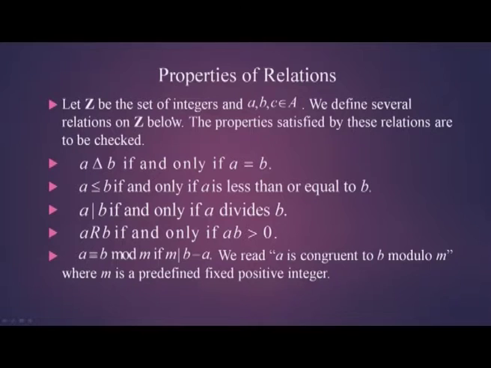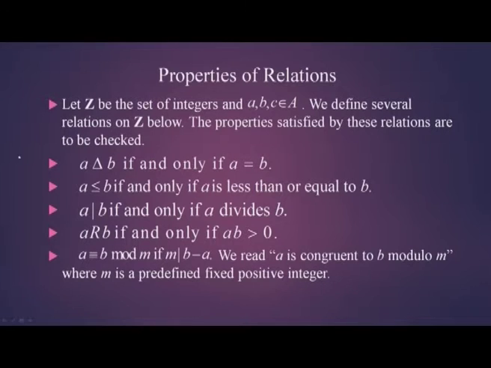Now, let us take some more examples. We are considering Z to be the set of integers and a, b, c are elements of Z. There is a standard notation to define the equivalence relation, that is the inverted delta sign.